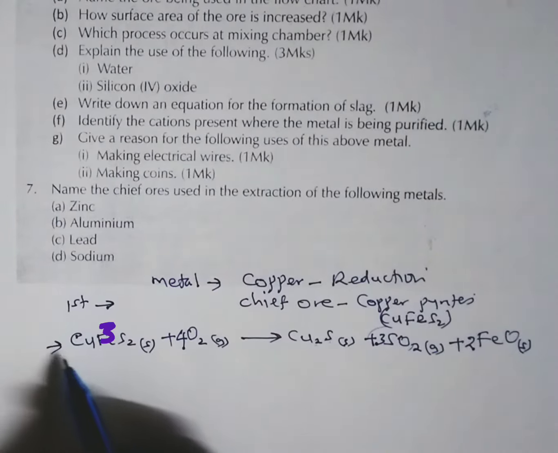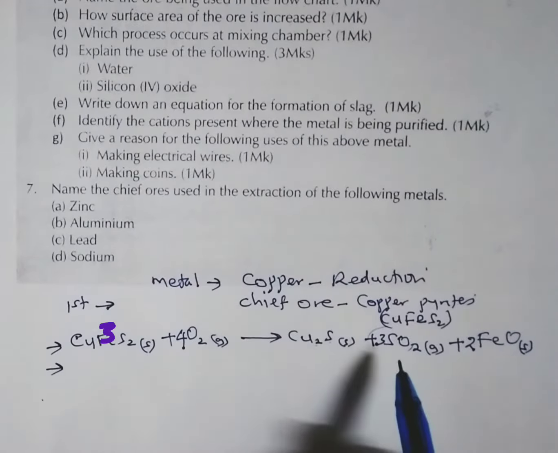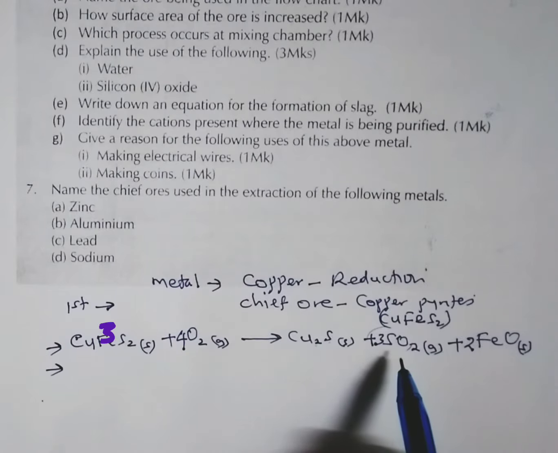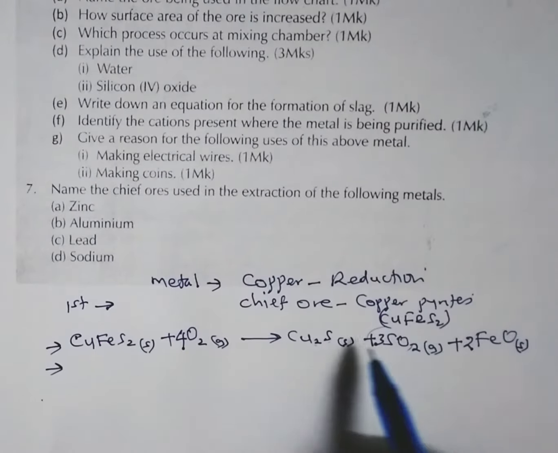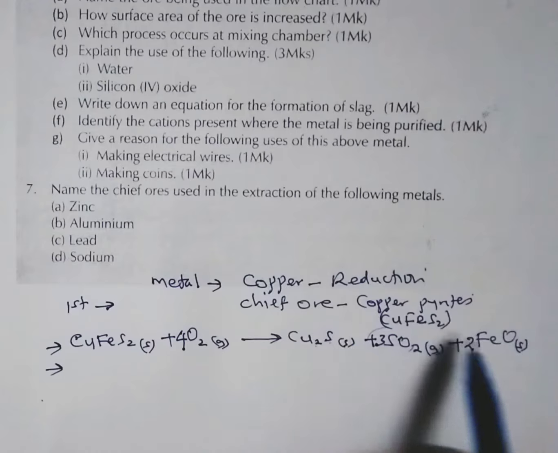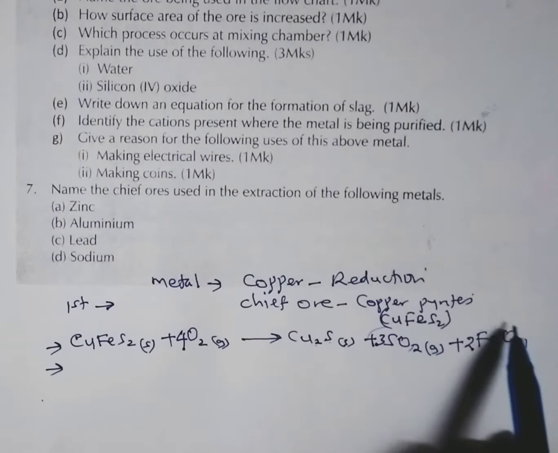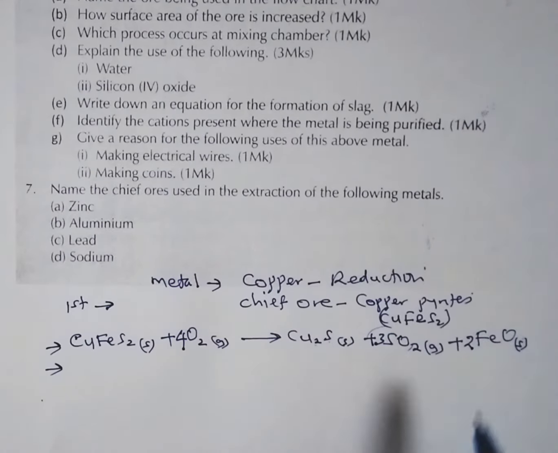From there now, we add silica, which is the main impurity in soil, and the silica is to separate or remove iron 2 oxide, which gets out as slag.